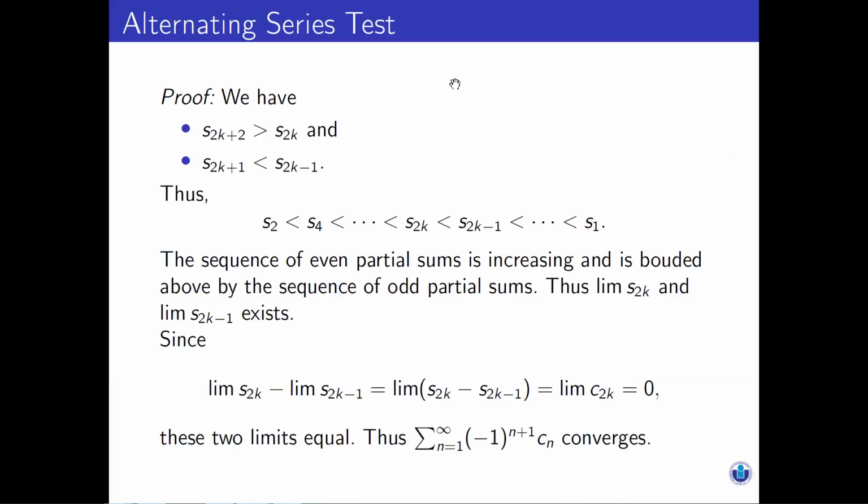So you remember you start with C1, which is positive, and you have this. Now for this series, you can show that the even partial sums increase and the odd partial sums decrease.